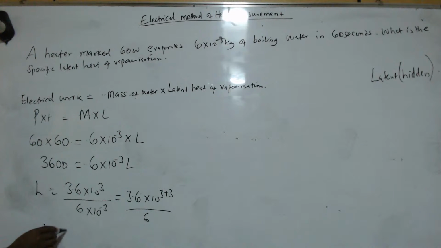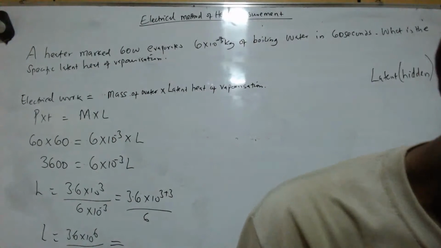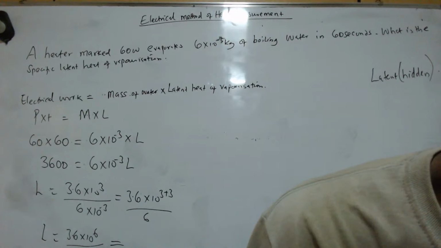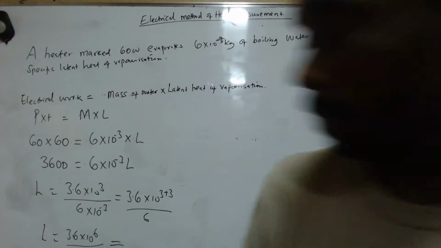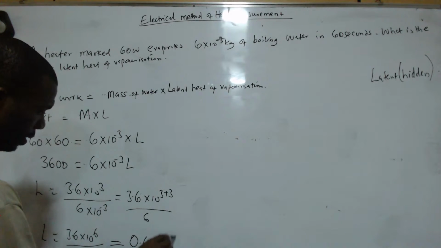So L will be 3.6 times 10 to the power 6 all over 6. We can now divide it: 3.6 divided by 6 will give us 0.6. So it will give us 0.6 times 10 to the power 6.